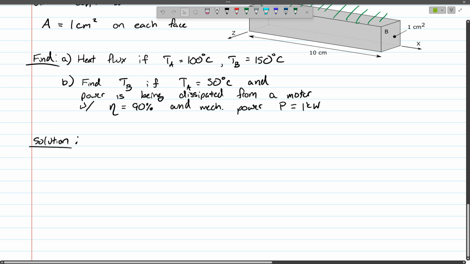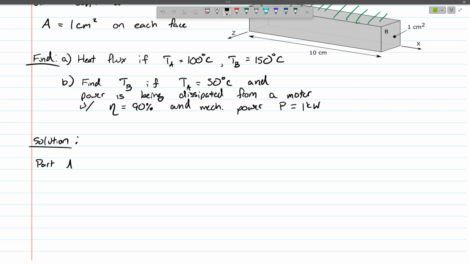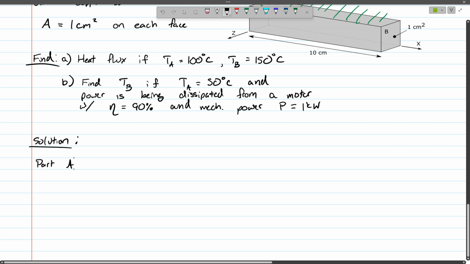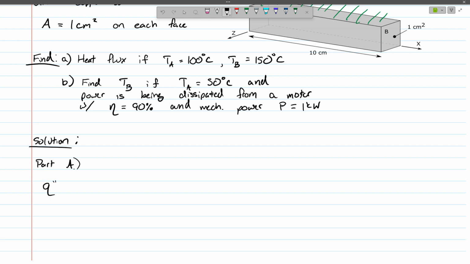All right, so for part A, we know that q double prime x, the heat transfer rate in x, is equal to negative k partial T partial x. And we know that k of copper is equal to 401 watts per meter Kelvin.